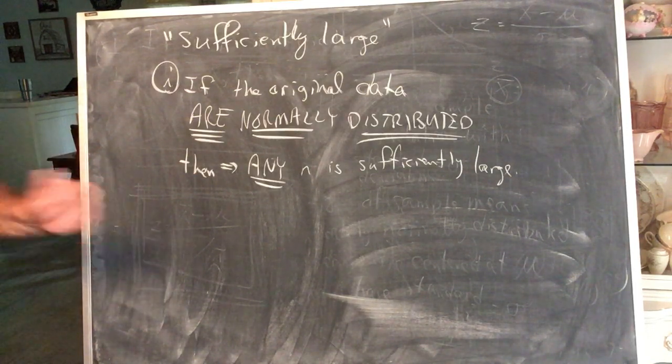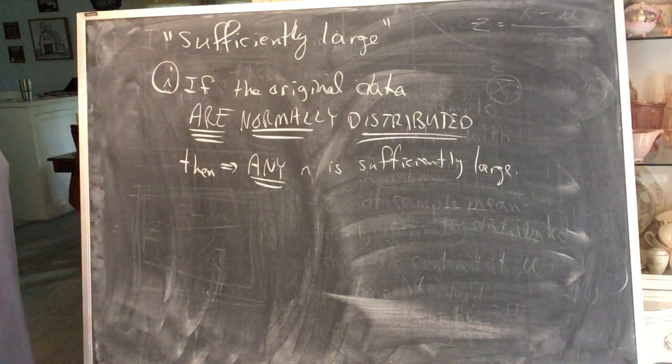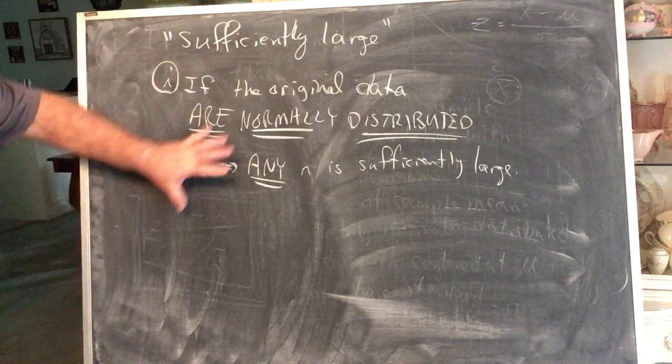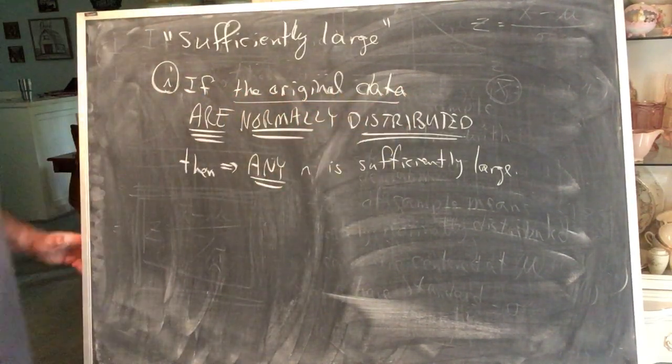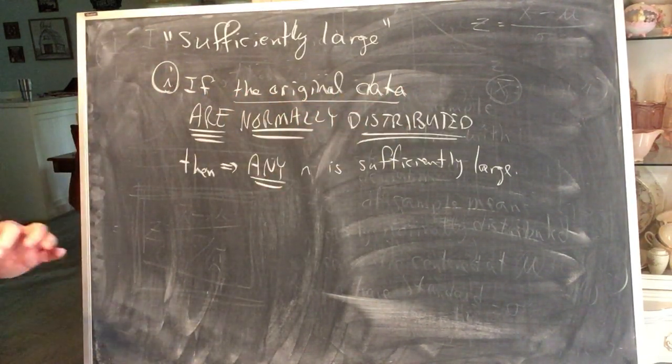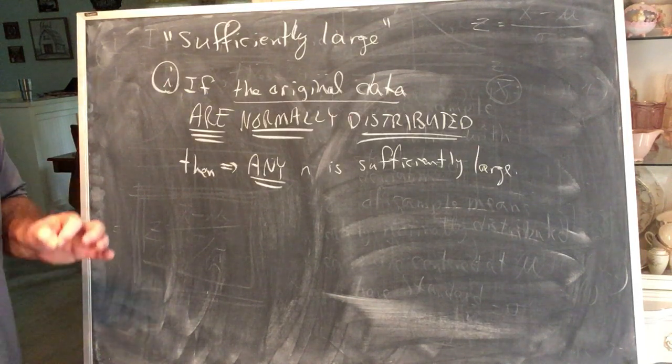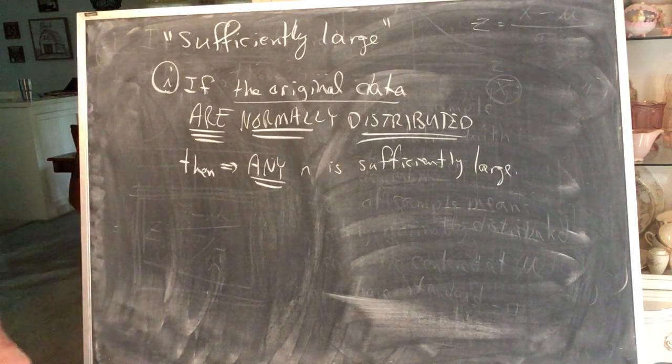N equal to 3 is large enough. N equal to 50. N equal to 700. N equal to 4. N equal to 1. N equal to 2. Any n is sufficiently large if the original data are known to be normally distributed. For our purposes, that will need to be explicitly stated in the problem.